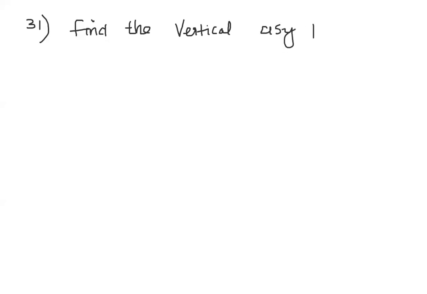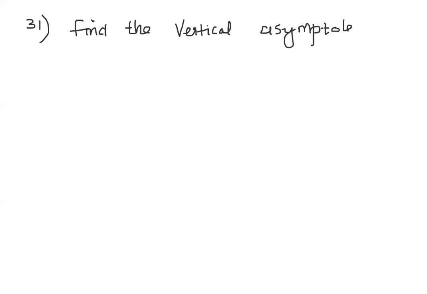Number 31. So we are almost there. Again, this one we have to find the vertical asymptotes. I have covered this section 3.5 already.